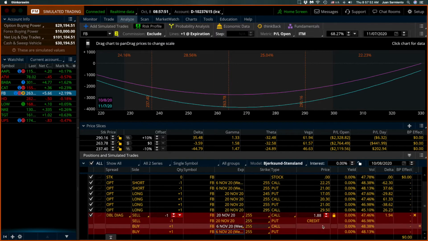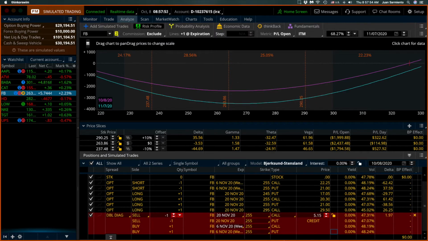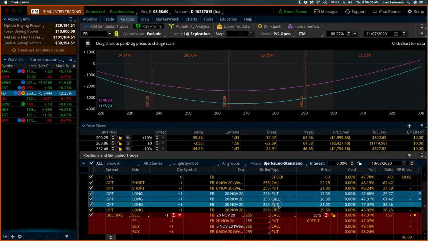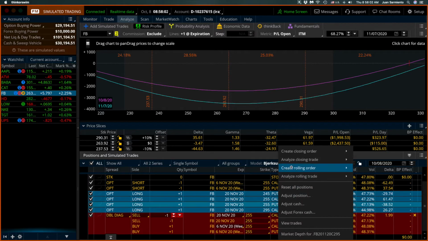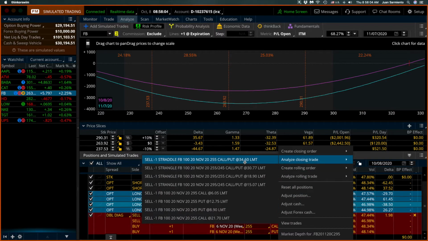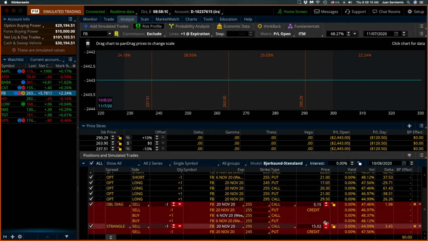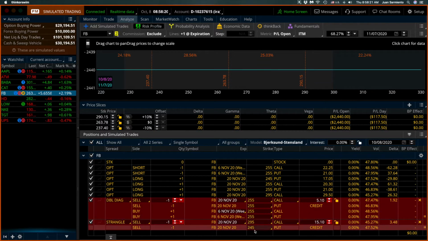But as you can imagine, I'm not closing the entire position because I have the 95 calls and the 45 puts, and that's a strangle. Here it is. I really have no preference as to which one to go first.